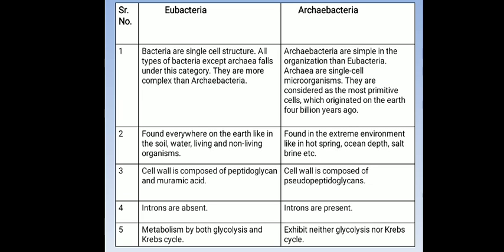If we consider introns, in eubacteria introns are absent, but in archaebacteria introns are present. Then in eubacteria metabolism is carried out by glycolysis and Krebs cycle, but archaebacteria do not consist of glycolysis or Krebs cycle.